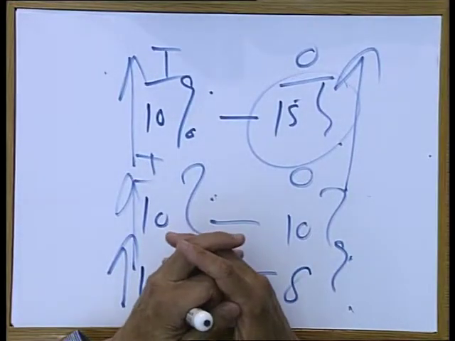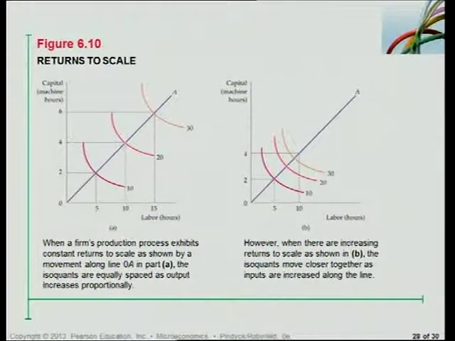You can look at figure 6.10, the A part. If there's constant returns to scale, and maybe I won't ask it in the test, but if you look at the difference between the isoquants, if they are equally spaced, as your input increases and your output increases proportionally, then you will see the isoquants are equally spaced.